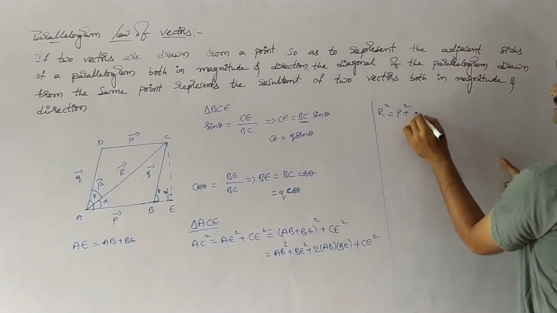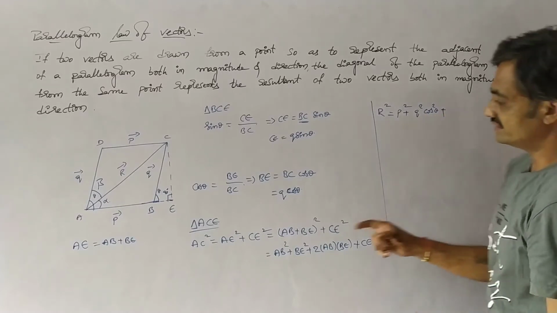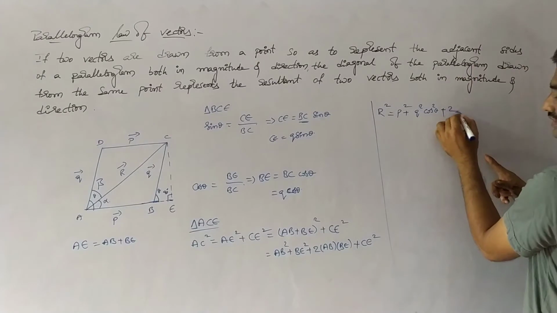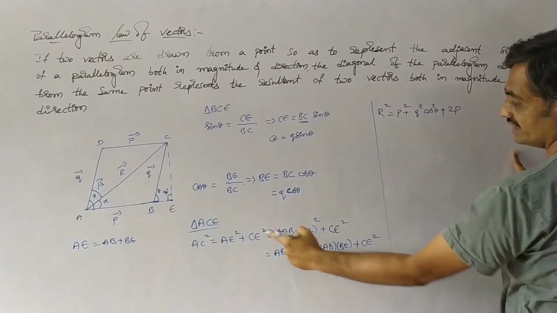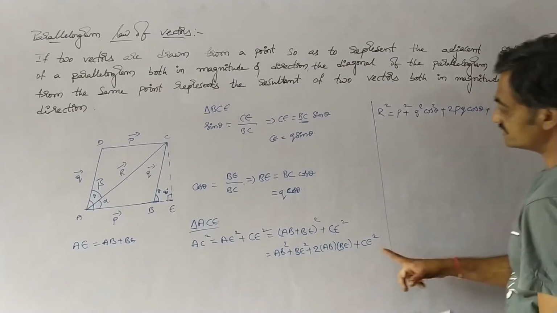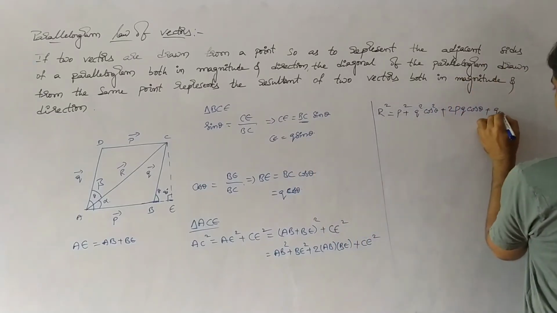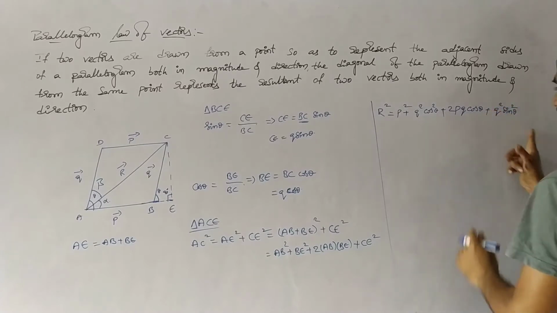So we can write it as Q square cos square theta plus 2 into AB, which is P, into BE, which is Q cos theta, plus CE square. The value of CE is Q sin theta, so Q sin theta whole square, which is Q square sin square theta.